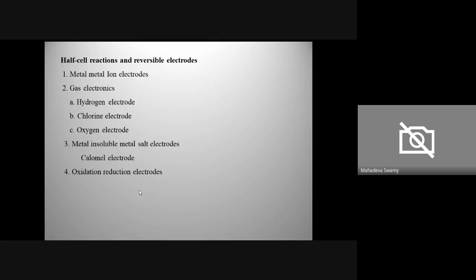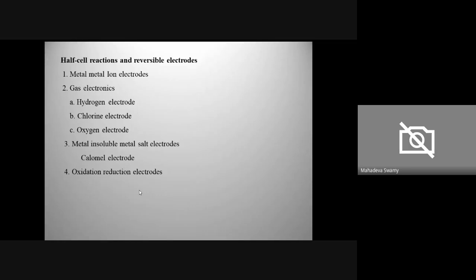Then Ag|AgCl electrode. That is the silver chloride electrode, a reference electrode used in a glass electrode for the determination of pH.